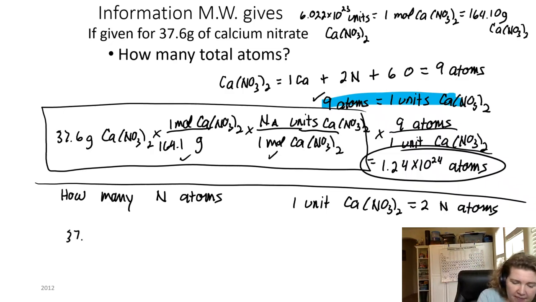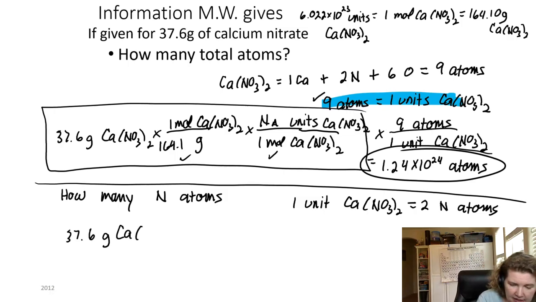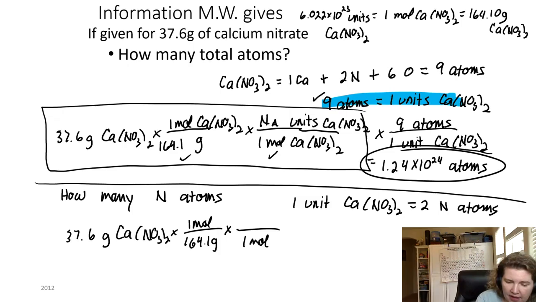So bear with me. 37.6 grams of calcium nitrate, 164.1 grams in 1 mole. 1 mole is Avogadro's number of units. And then if I have 1 unit, it's going to have 2 nitrogen atoms.